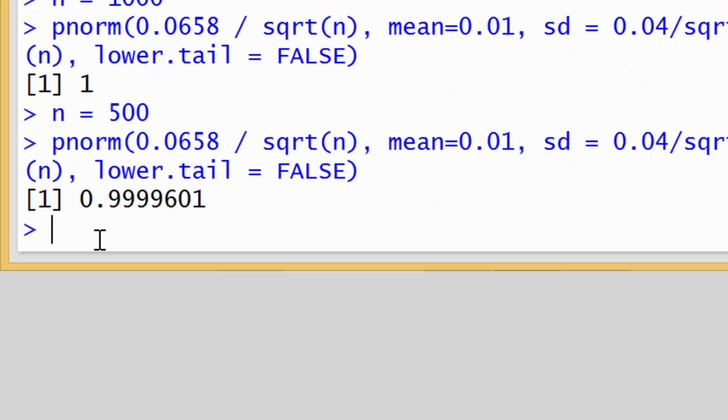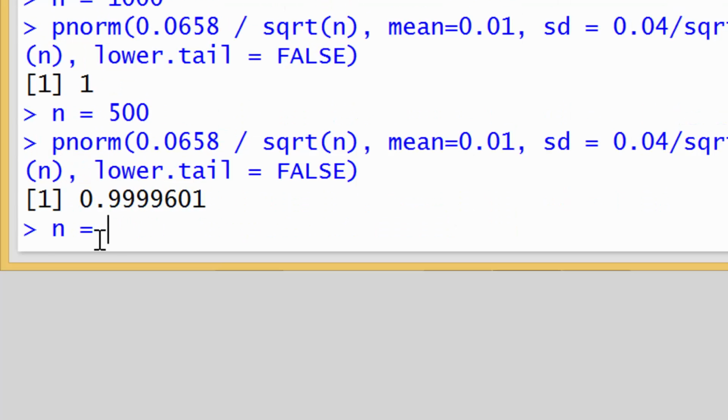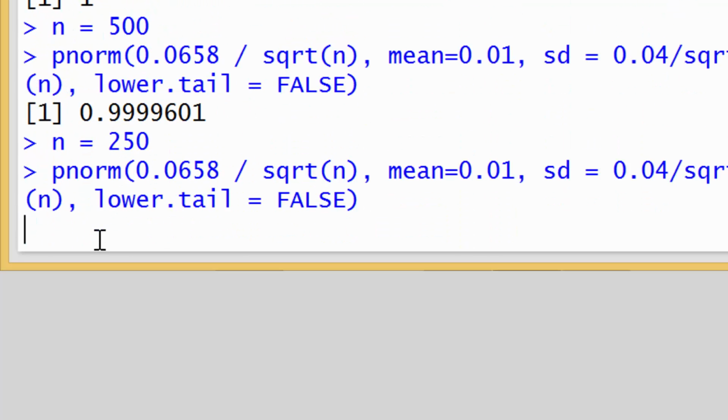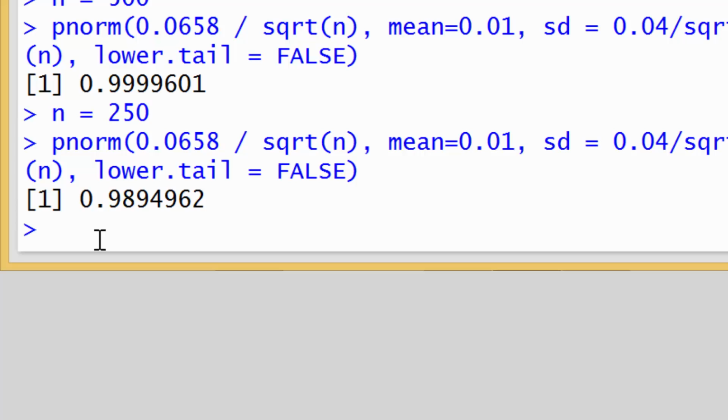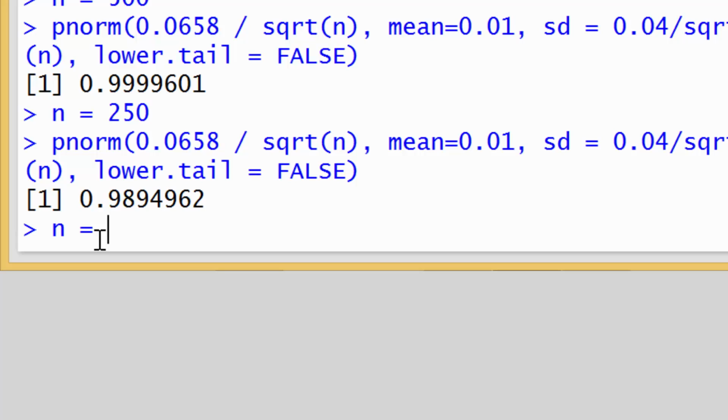And then it's still at 99%. So we know that now it's got to be between 500 and 10. Let's try 250, and let's get our power. That's still pretty close to 1. So now we know it's between 250 and 10. Let's look at 125.